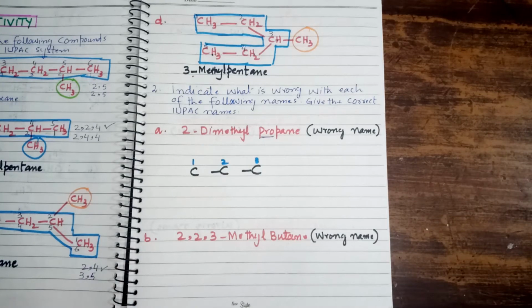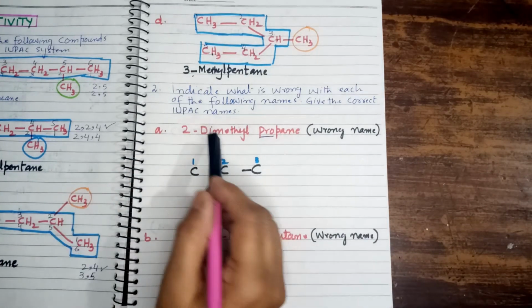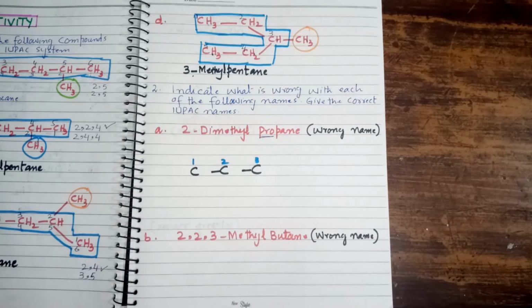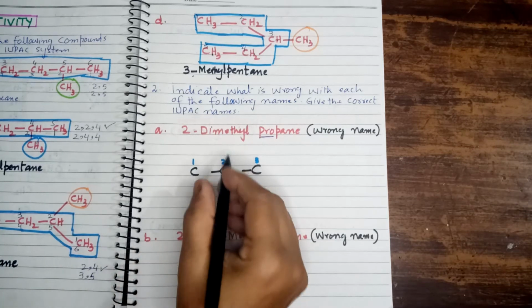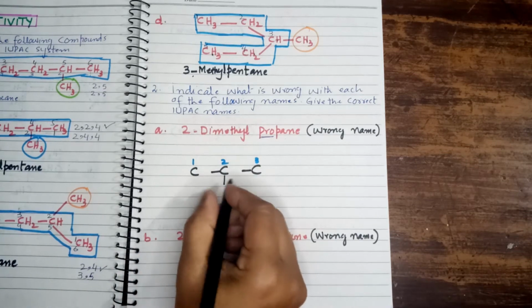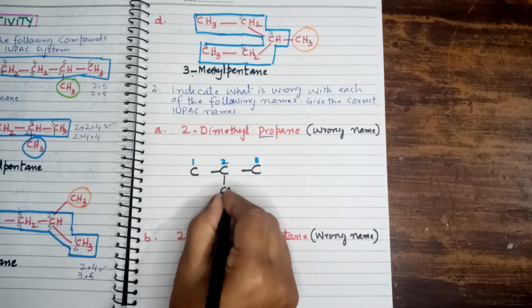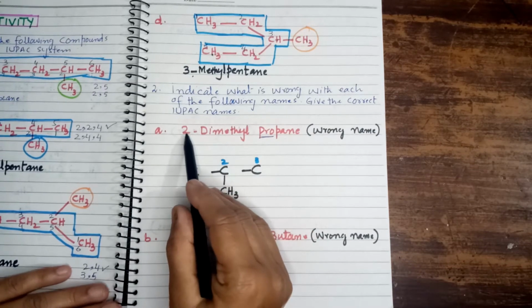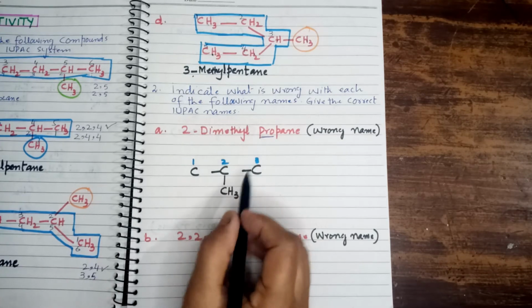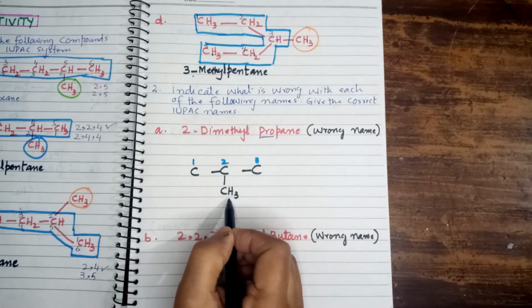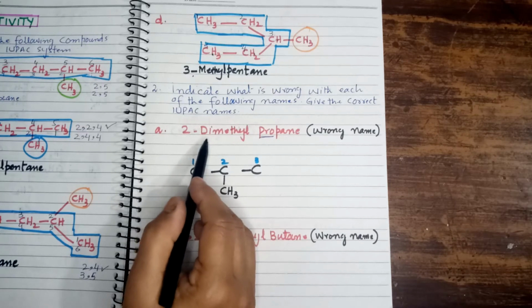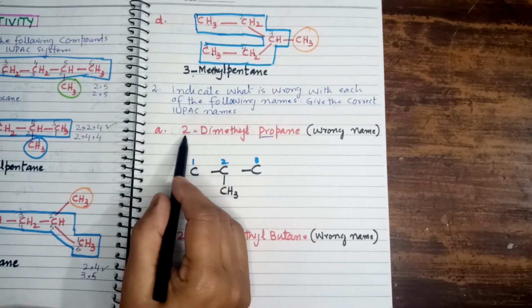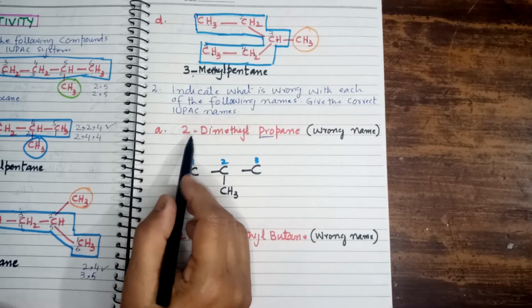Now students, 2-dimethyl shows how many methyl radicals are there in this molecule? Dimethyl shows there are 2 methyl radicals, right? One methyl radical is attached with carbon number 2. One we attach with carbon number 2, but the position of the second methyl radical is not mentioned in the given name, right?